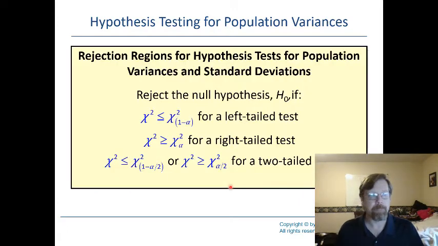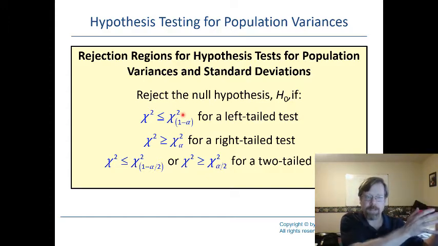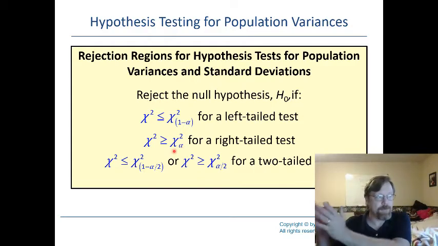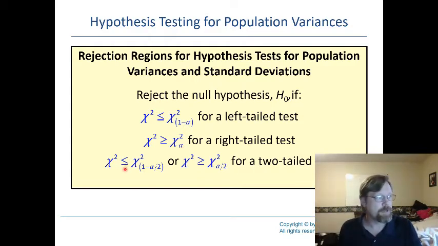We can reject the null hypothesis if the chi-squared for our sample is less than or equal to the critical chi-squared value down at the lower end, down the left side for a left-tailed test. If it's greater than the critical value on the right side for a right-tailed test, or if it is outside of either of those on a two-tailed test. This is probably a handy chart to make note of and refer back to.